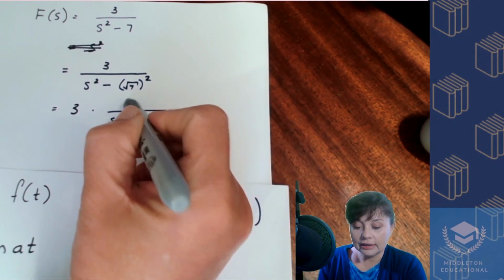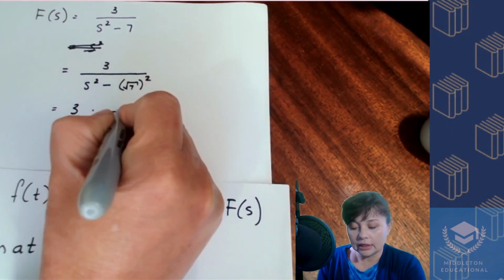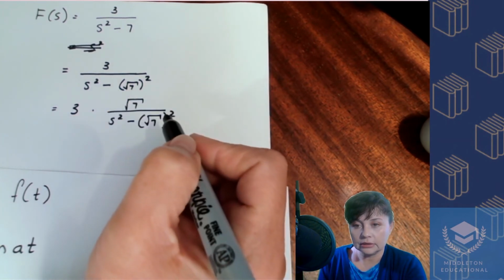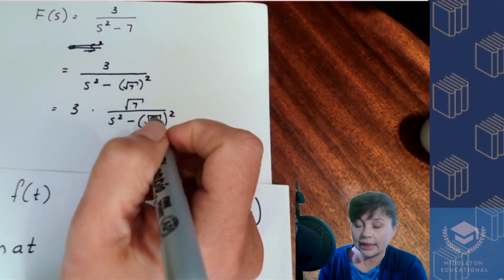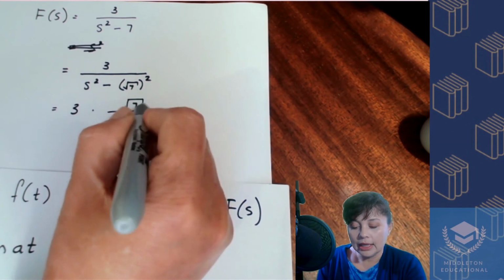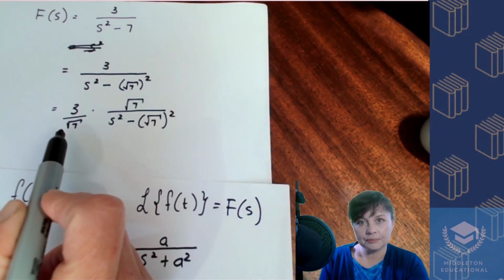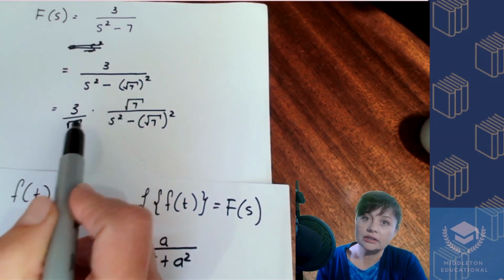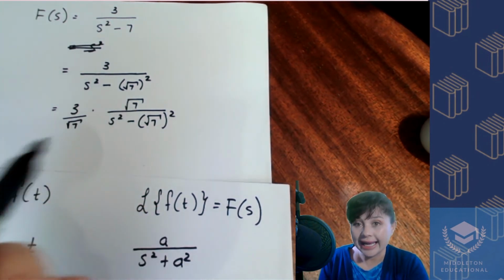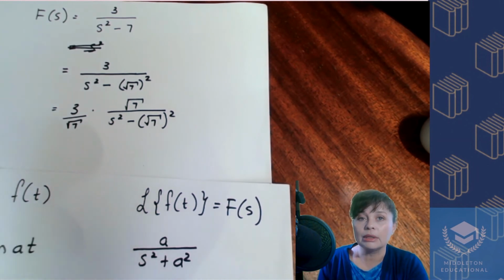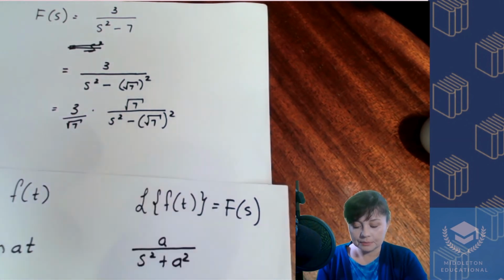We need the a in the numerator, and that is square root 7. You can introduce it because it's just a constant value, and then we would have to compensate. So all you've done is change the form of the function. The value of it is still the same, but the form is different.